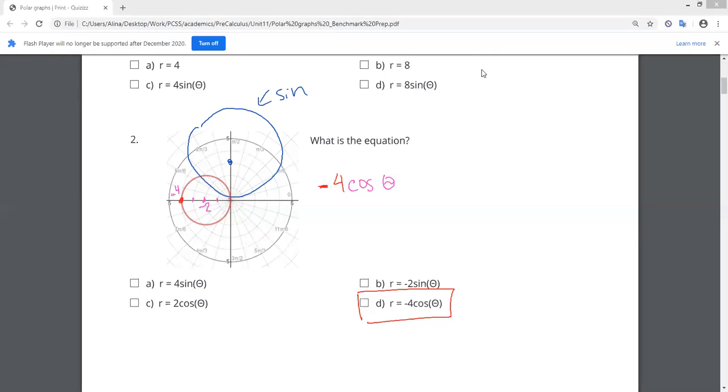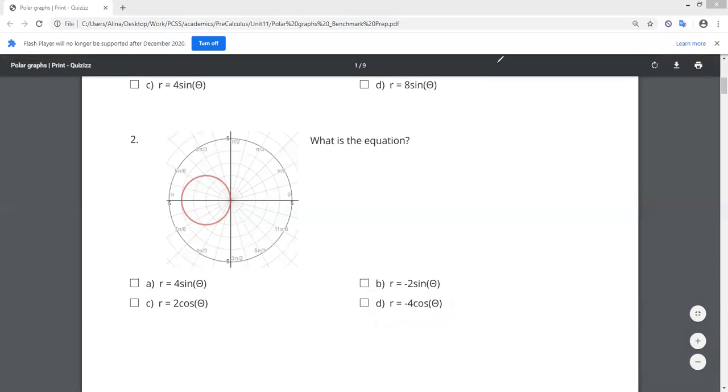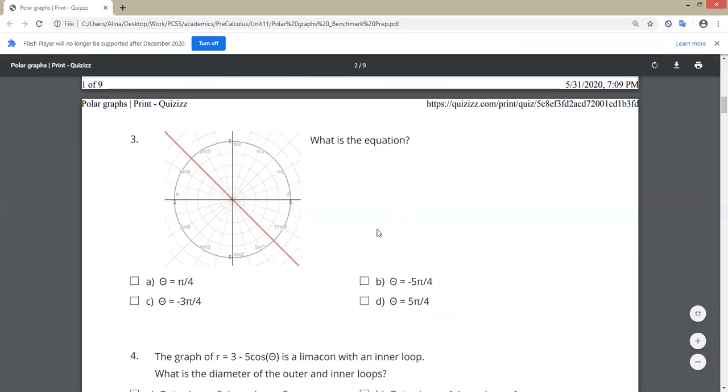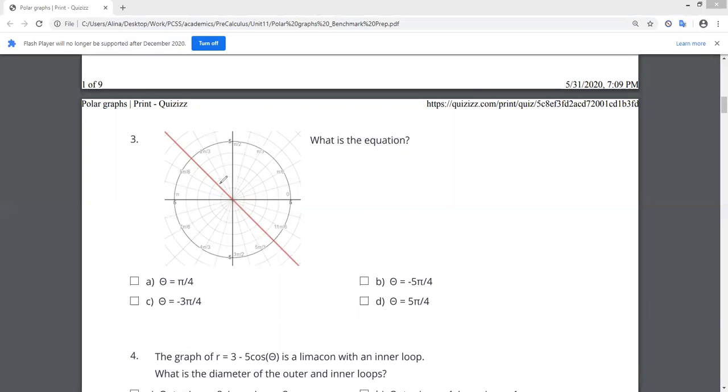All right, no questions. I am going to the next question then. Question 3, what's the equation? We did discuss this type of question before. We can clearly see that this line happens at a constant angle. This is the angle at which the line is going. The angle is 135 degrees.